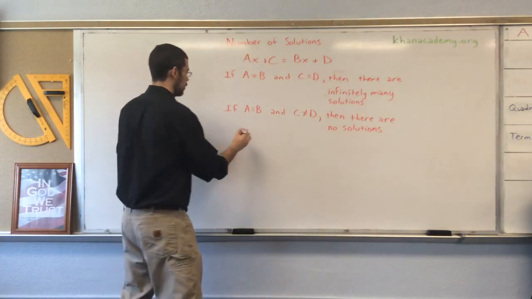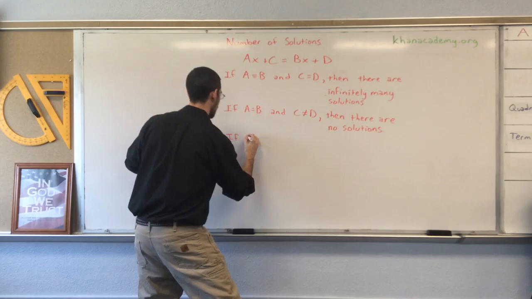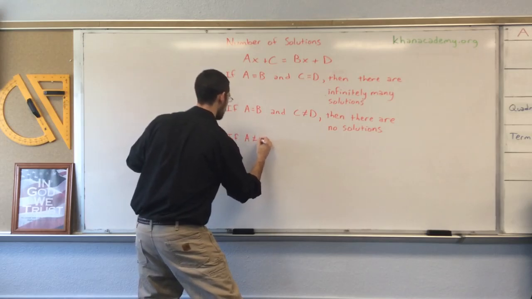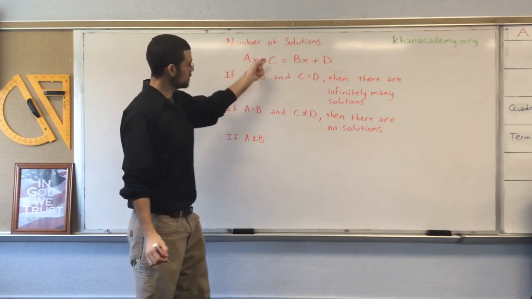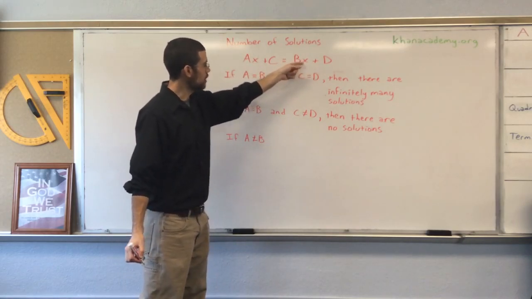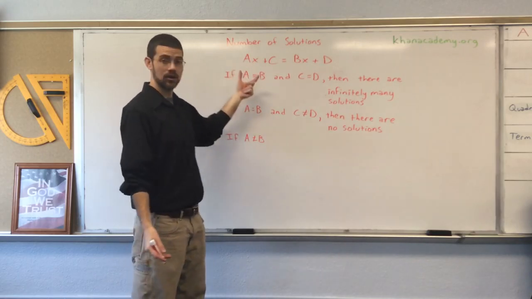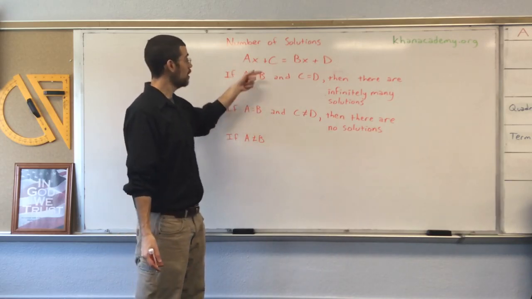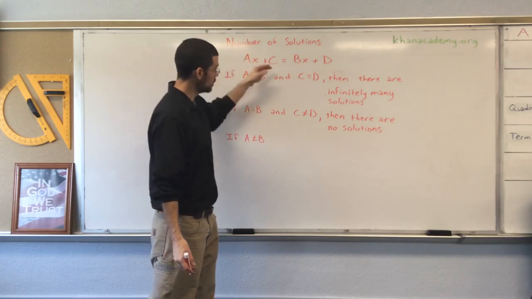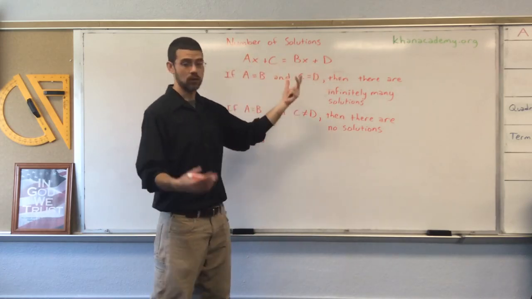Now, the last case we could have is if A does not equal B. If A doesn't equal B, then when we subtract this number of x's from that number of x's, we will still have x's on one side of the equation. And we can subtract C from both sides, and we'd have some constant, D minus C, whatever that is.